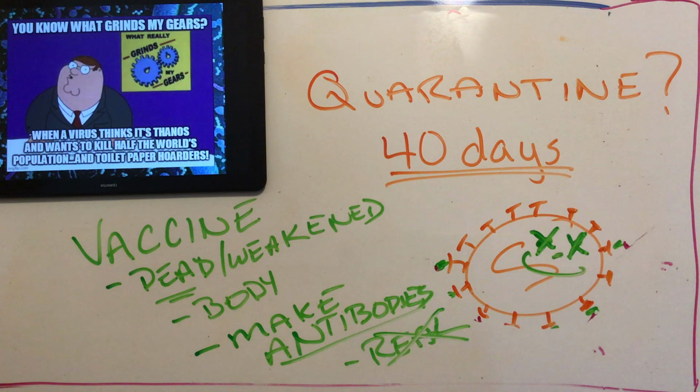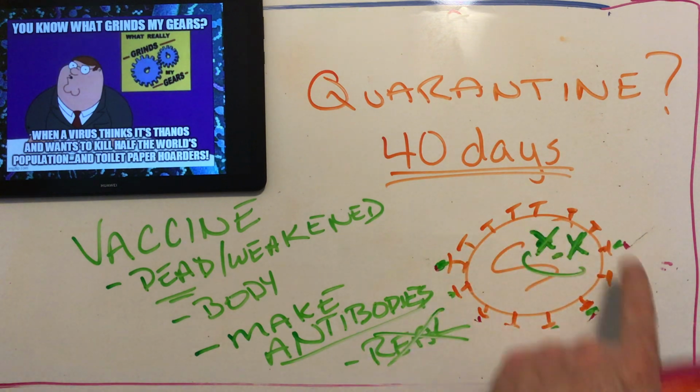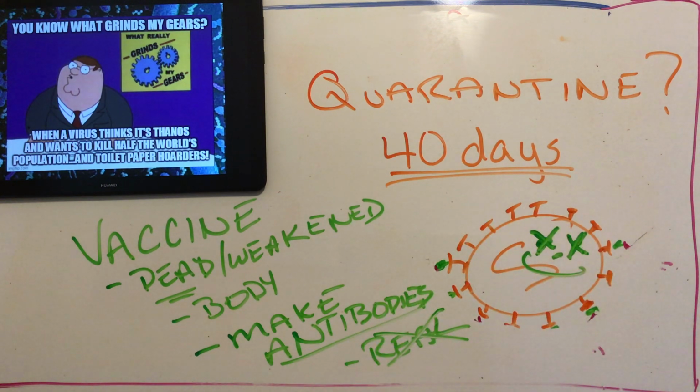Right? Your body has memory B cells, and it's like a library or a USB stick, right? It remembers all of your previous encounters, and it keeps on file all of the shapes that it has to recognize and stick onto antibodies to battle these things. So that's why you only get chickenpox once.